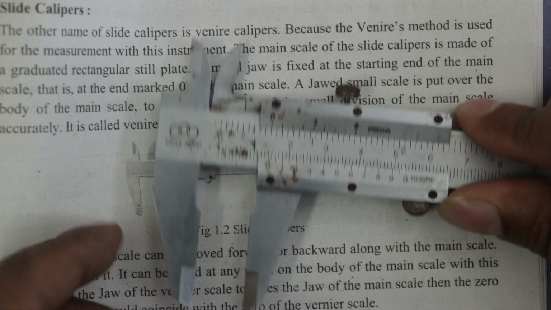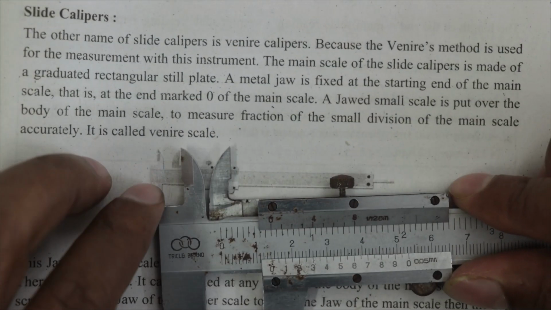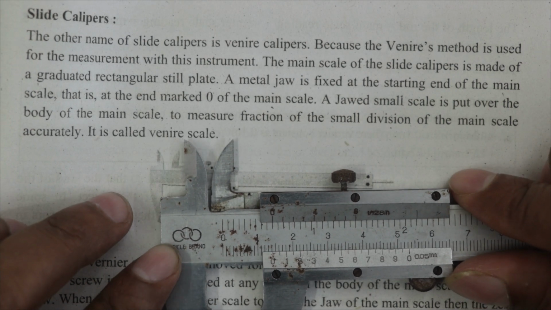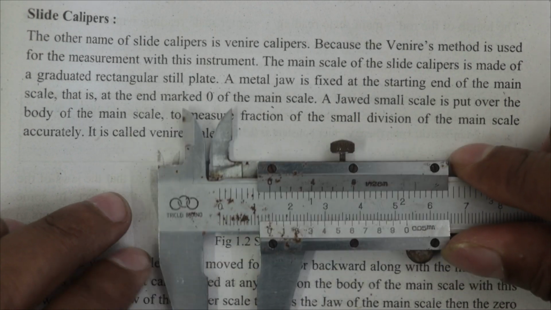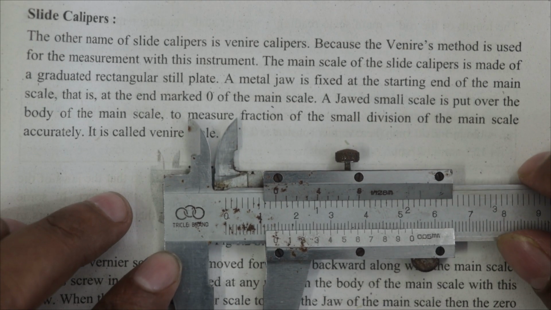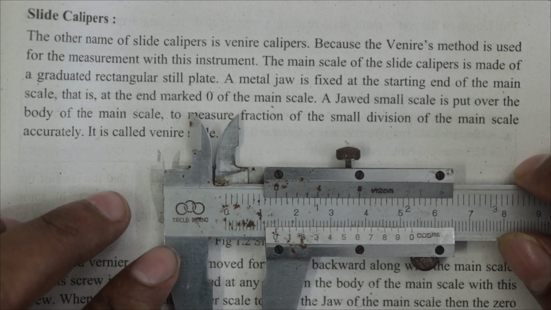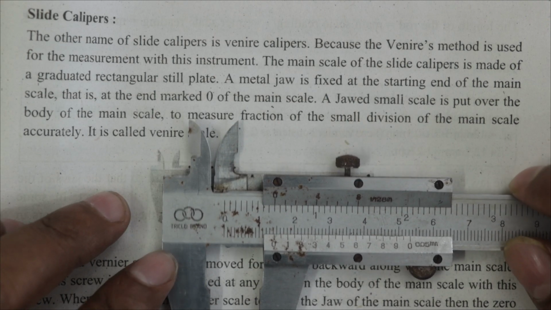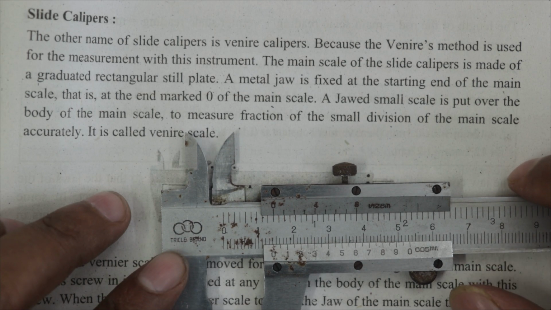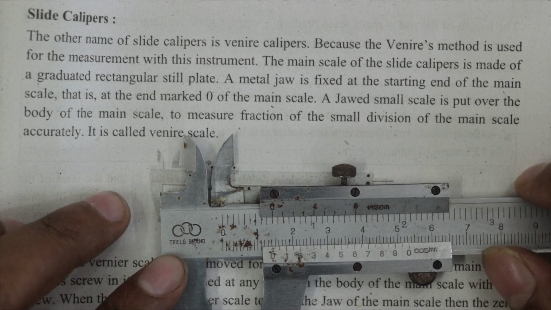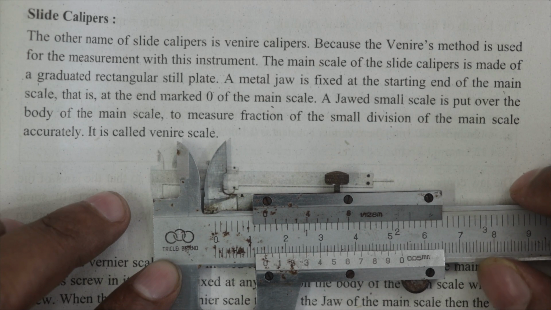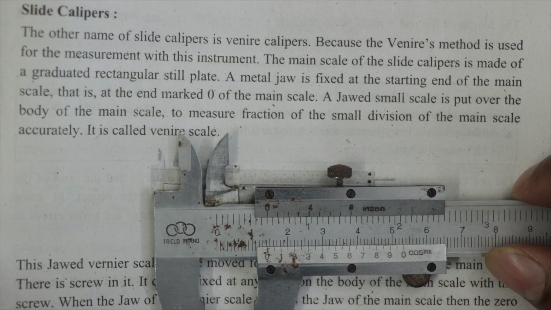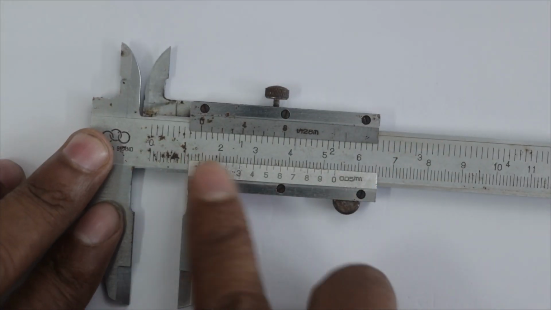This metal jaw is fixed at the starting end of the main scale, that is at the end mark 0 of the main scale. A small scale is put over the body of the main scale to measure the fraction of the small division of the main scale accurately. It is called the Vernier scale. So this one is the Vernier scale.